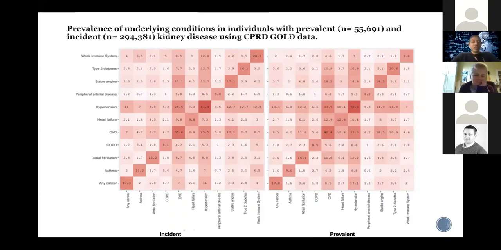By identifying the most prevalent comorbidities, we could see the comorbidity burden across CKD patients, and we found hypertension and CVD are the most prevalent conditions among CKD patients.